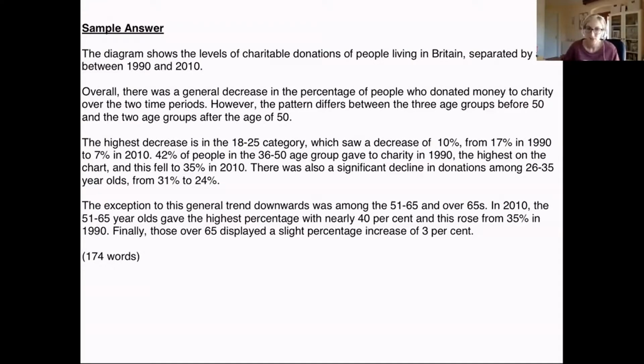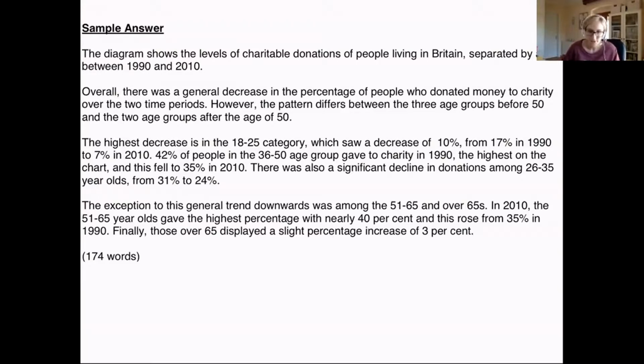The highest decrease is in the 18 to 25 category, which saw a decrease of 10% from 17% in 1990 to 7% in 2010. 42% of people in the 36 to 50 age group gave to charity in 1990, the highest on the chart, and this fell to 35% in 2010. There was also a significant decline in donations among 26 to 35-year-olds from 31% to 24%.